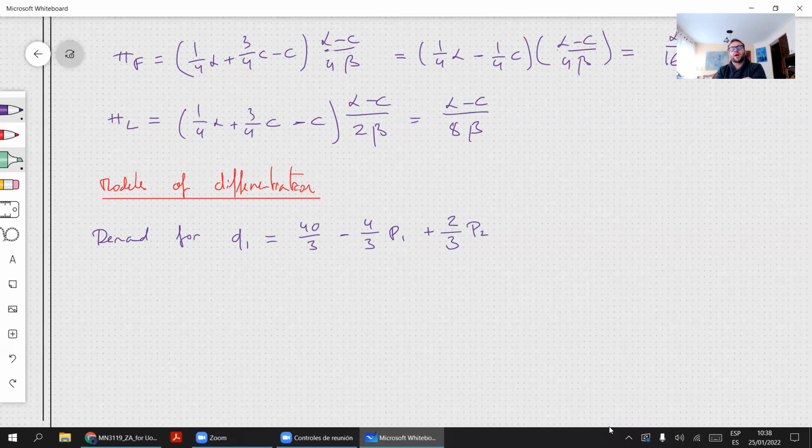This means that you have some degree of substitution between the goods from the point of view of the consumer. And that means that if the price of the other good increases, this is good for you because your consumers are willing to buy more of your own goods.